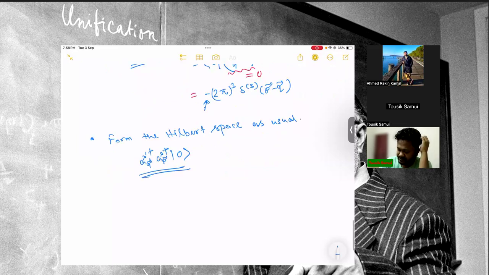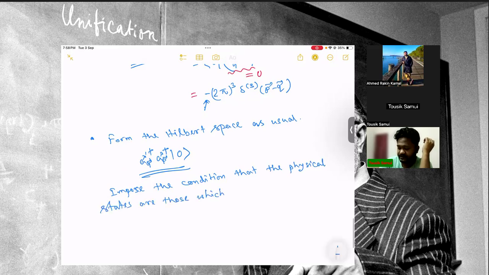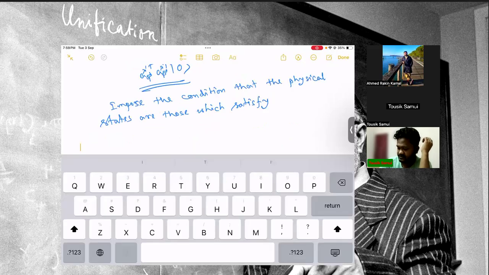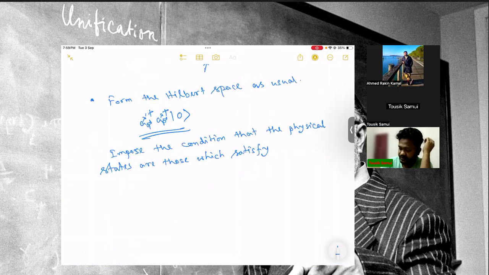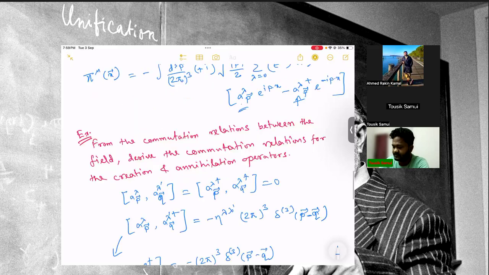Okay, but impose the condition that the physical states are those which satisfy the condition ∂μ Aμ⁺ ψ = 0, where Aμ⁺ is nothing but the plus part of the expansion.